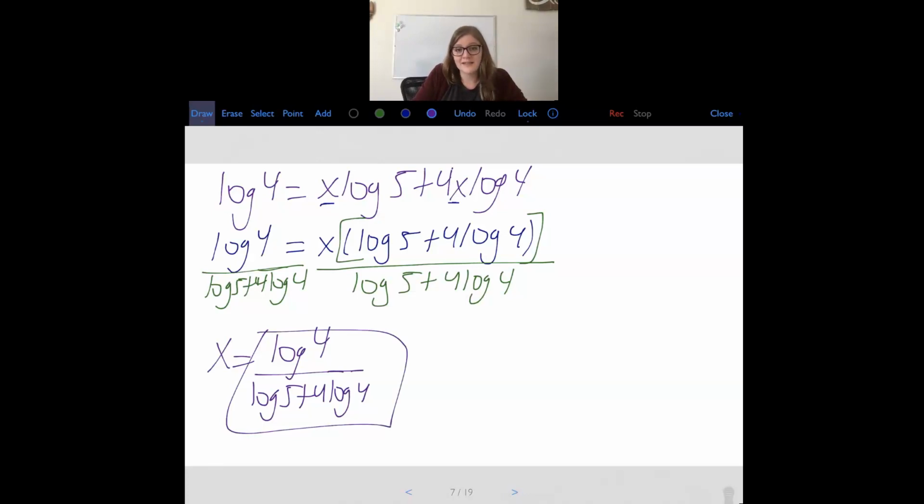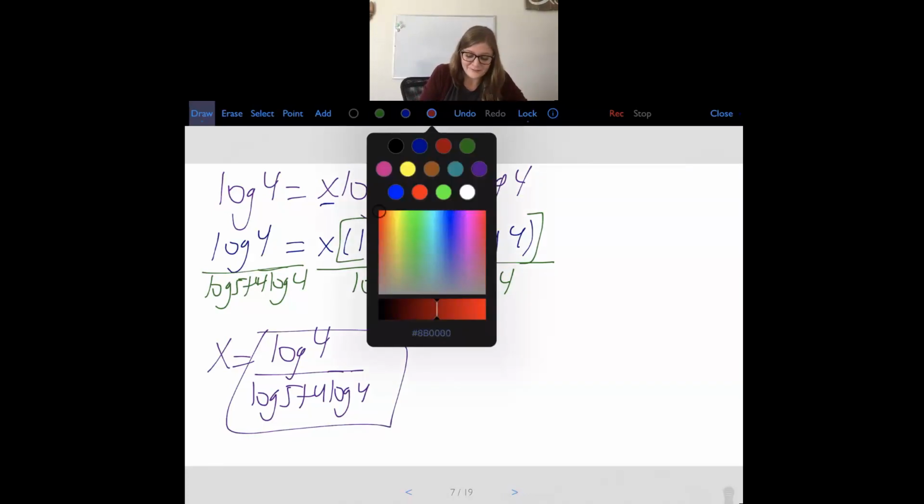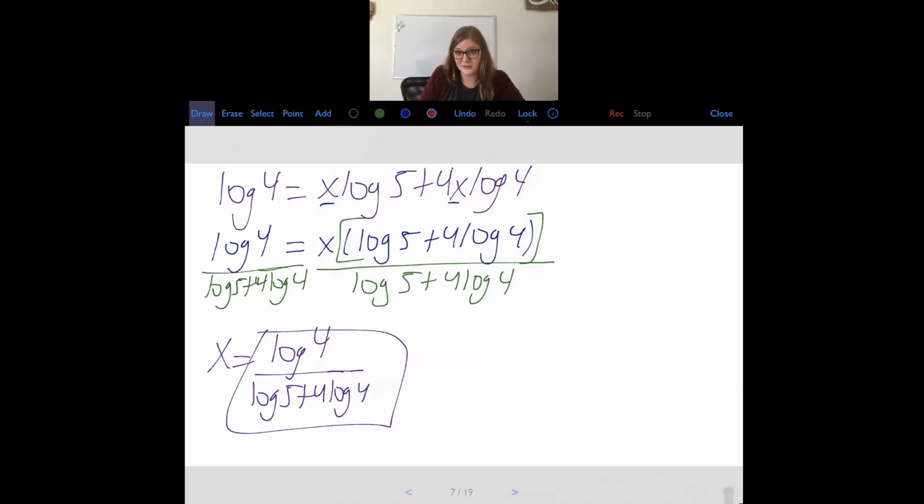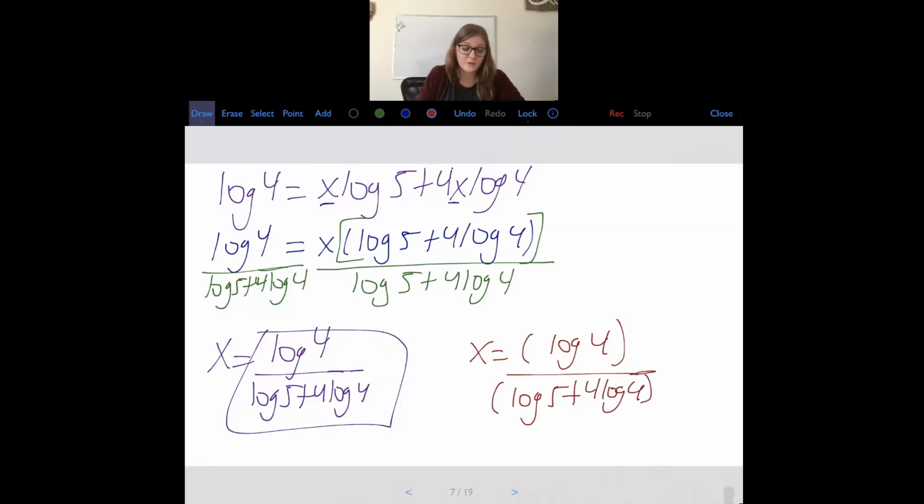Now, to put this in the calculator, we have to be very, very careful. Okay, we have to tell the calculator what the numerator is and what the denominator is. So when you put this into the calculator, I recommend putting parentheses around the numerator and parentheses around the denominator, because you have to tell the calculator what's what, and to do that is using parentheses.